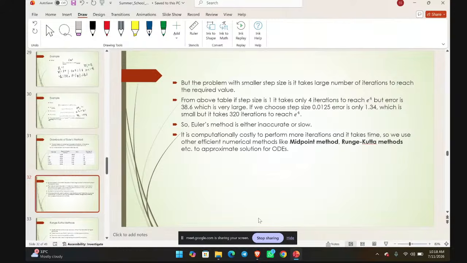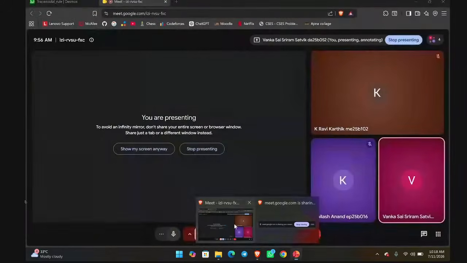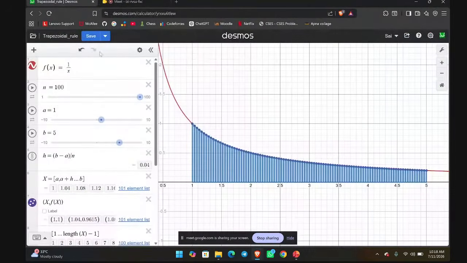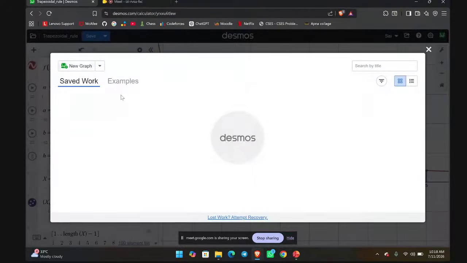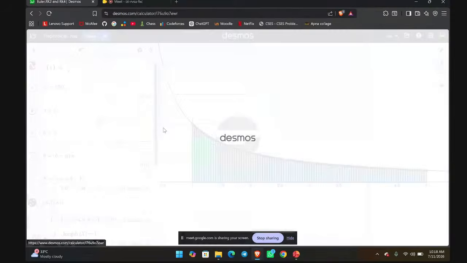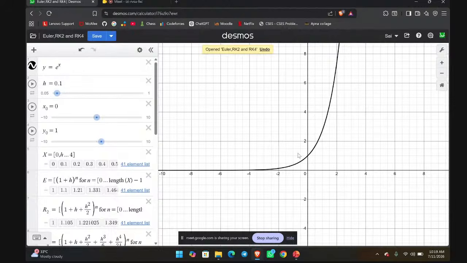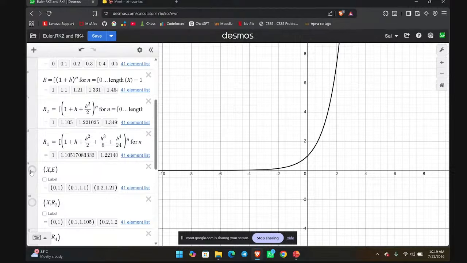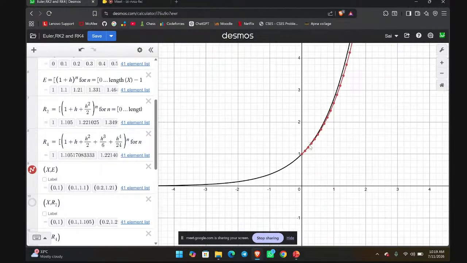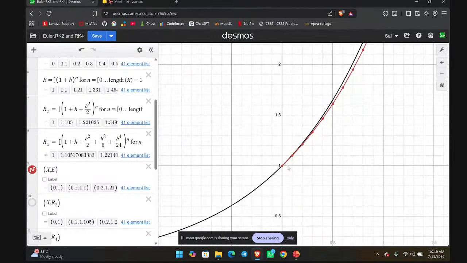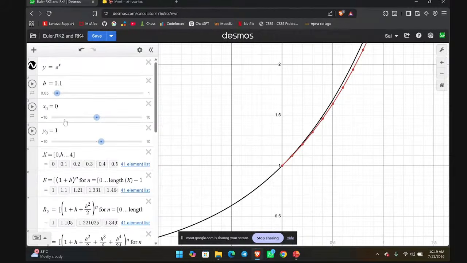Now I will show you a graphical demonstration of Euler's method. If you see, this black graph is the graph of e power x, and these red dots are the points we reach using Euler's method with step size 0.1.